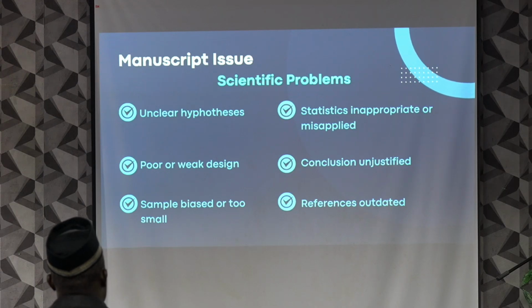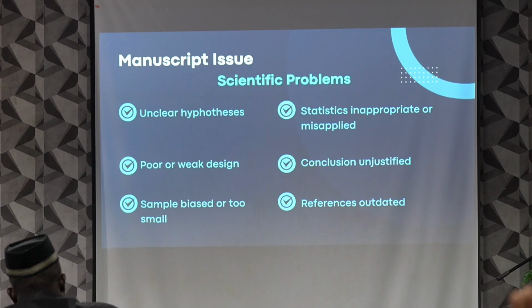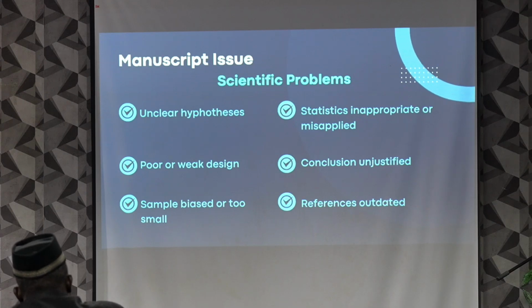All require the correct number of samples for the statistic to be appropriate or applicable. And then finally, the conclusion is not clear. What is the conclusion? It's not clear.